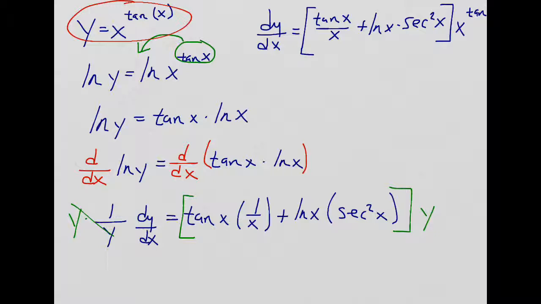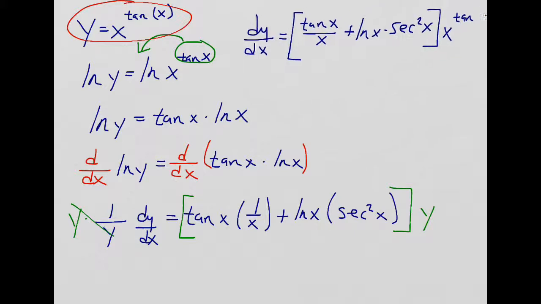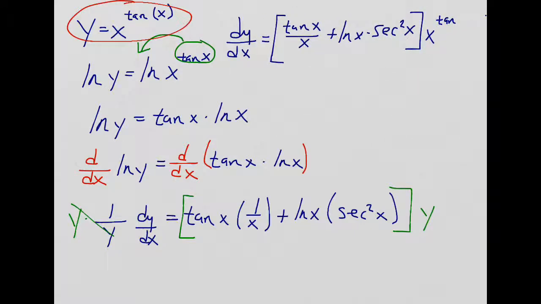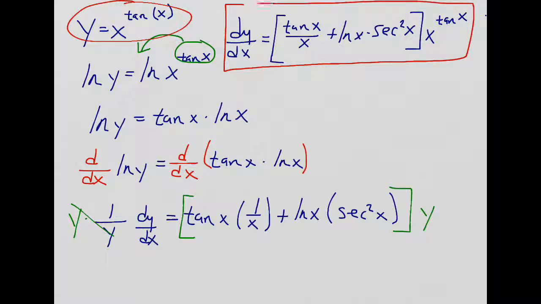I'm running out of room over here. Let's see if I can't just move this all over a little bit. We'll just slide that over, and so it's x to the tangent of x power. And so this big long piece right here actually ends up being the derivative of this original equation over here.